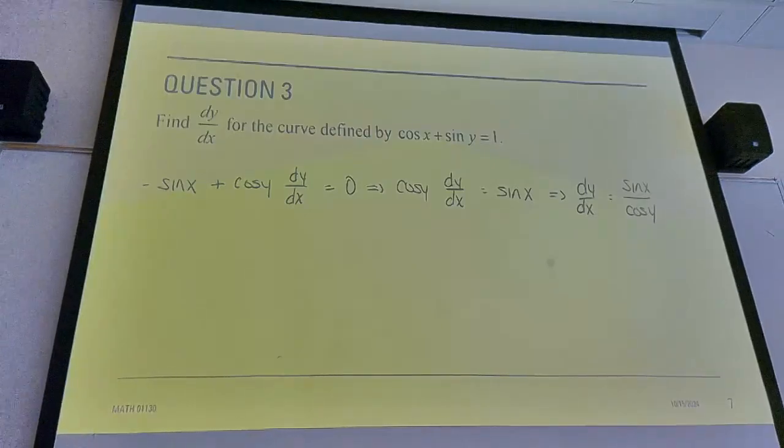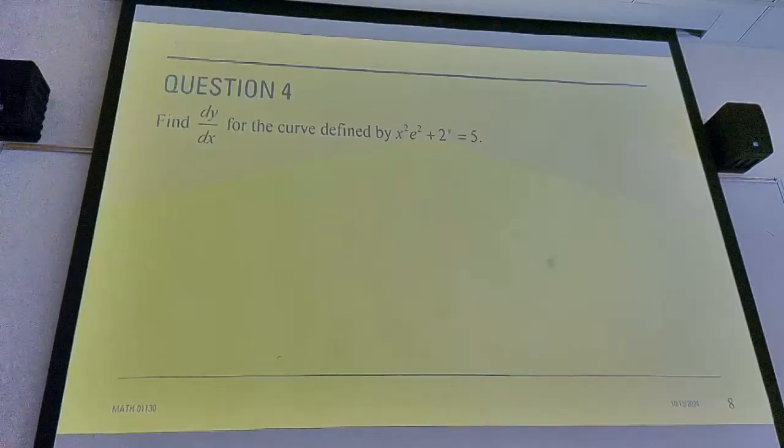Can that be simplified? Nope. d/dx, left-hand side.